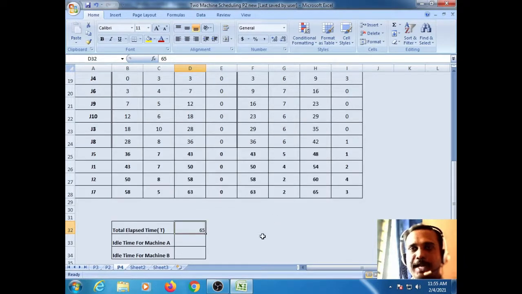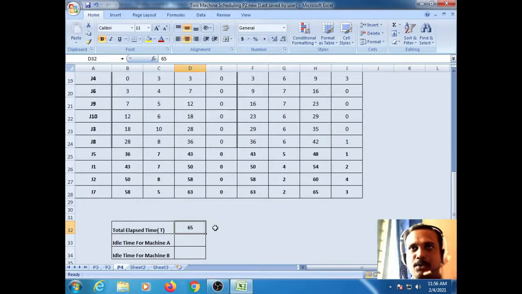Total elapsed time means how much time we take to process all the jobs on two machines. Whatever hour we get in the last cell becomes the total elapsed time.